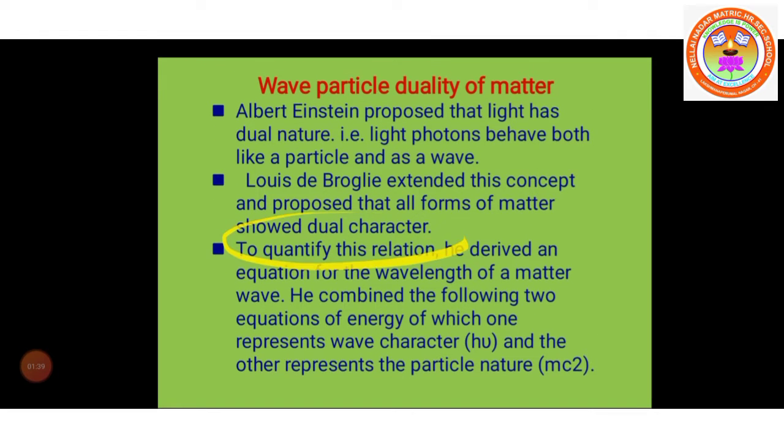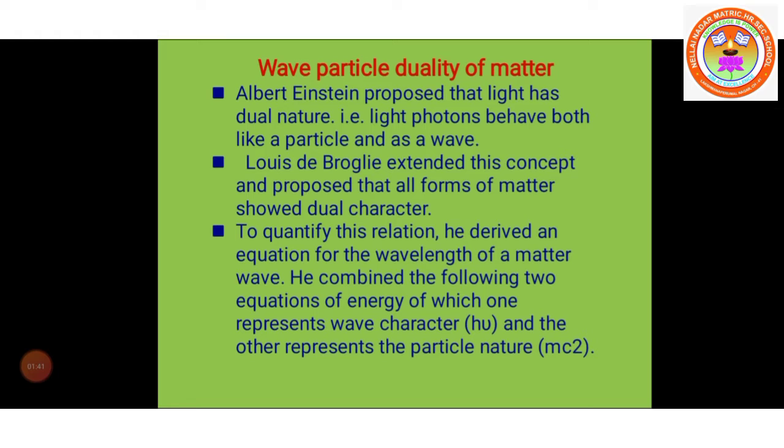To quantify this relation, he derived an equation for the wavelength of matter wave. He combined the following two equations of energy, of which one represented wave character and the other represented particle character.